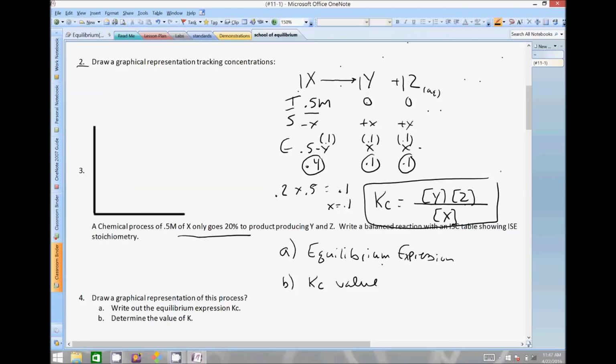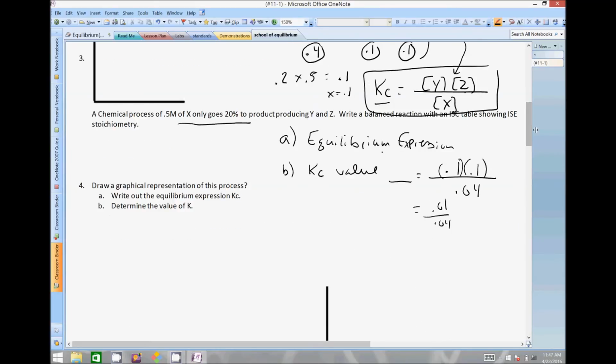What is the value of the actual Kc? You take your answers at equilibrium and plug them in. So my Kc is going to equal 0.1 times 0.1, or 0.1 squared, over 0.04. This gives me 0.01 over 0.04, and my value ends up being a little bit less than 1.